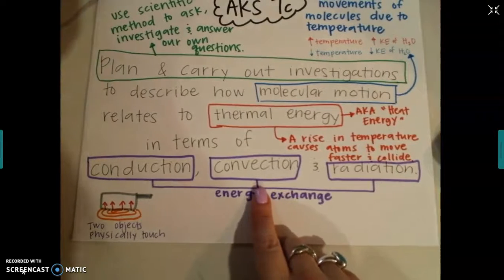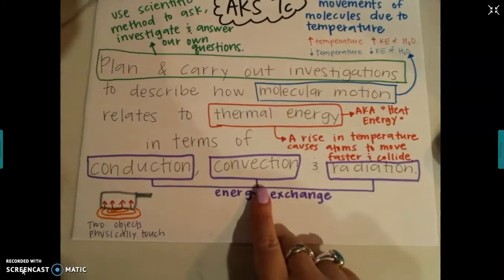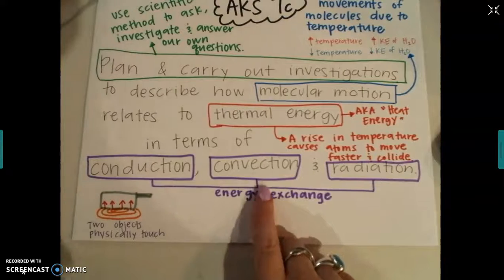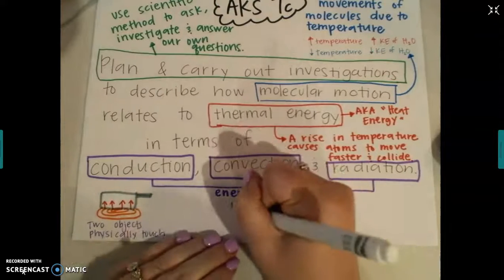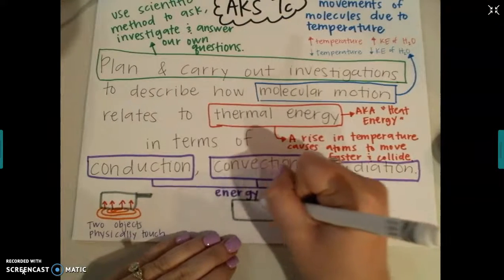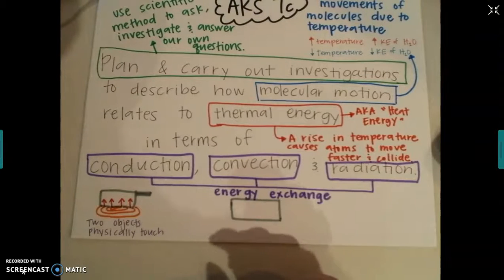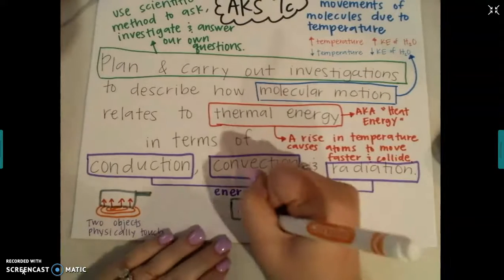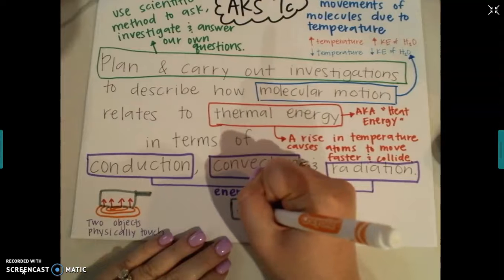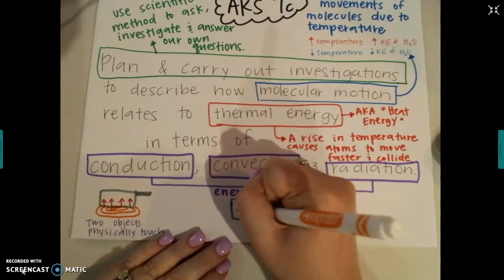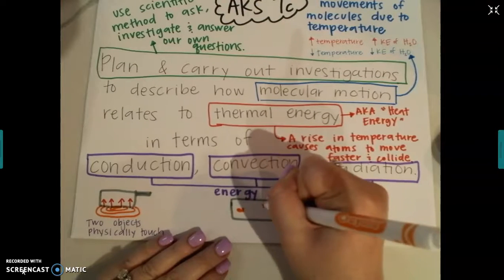Convection is going to be a different form of energy exchange. And for this one, I'm going to draw an aquarium with a few little goldfish in it. So this is going to be my aquarium. Here's one of my little goldfish. Here's another one.